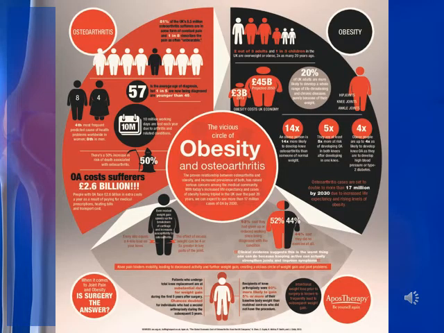I know this is small to see on the slide, but you could even blow it up a little bit. But again, it's giving you very specific details about the vicious cycle of obesity and osteoarthritis, the percentages, the amount of people that are having other sorts of complications and problems, lost time at work, reduced walking, reduced activity, etc. So take a look at this.